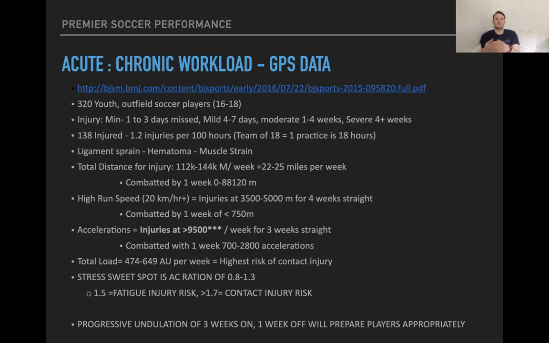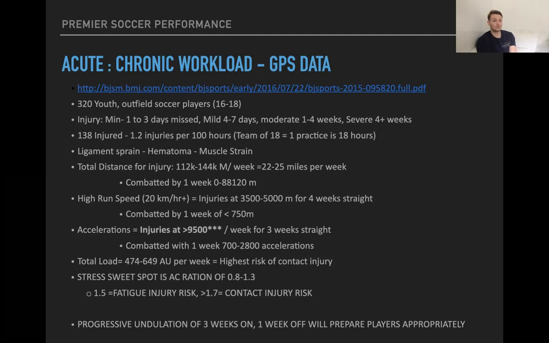What they found was, of those 320 youth athletes over the time frame that they monitored them, there were 138 injuries. That equated to 1.2 injuries per 100 hours of training time.